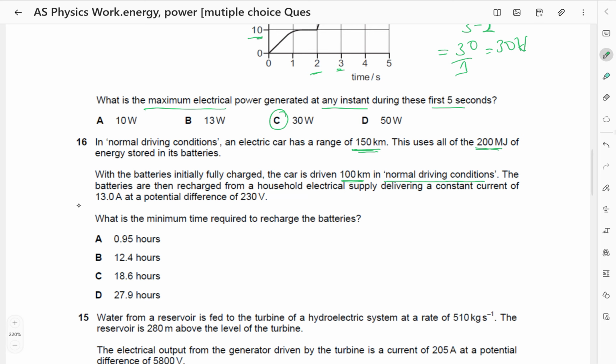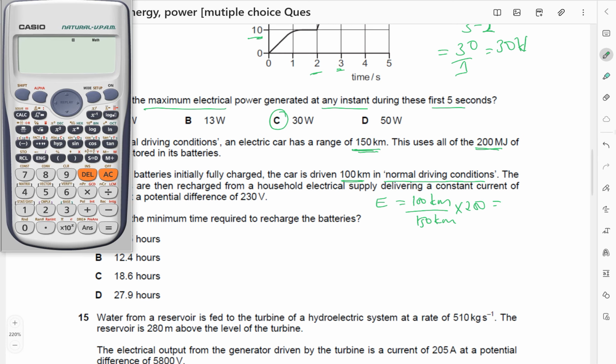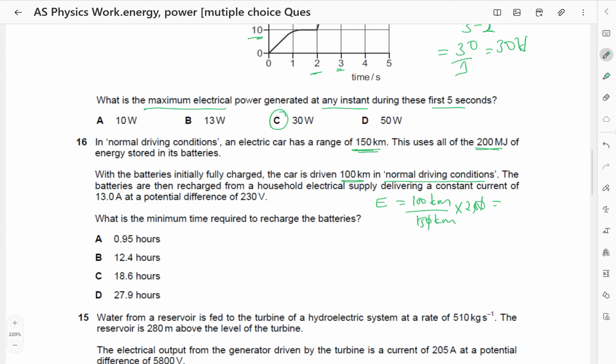That one is very easy. The energy used for 100 kilometers is simply 100 kilometers divided by 150 kilometers, times 200. I'll cross out these zeros, but I have to leave one 0 here.